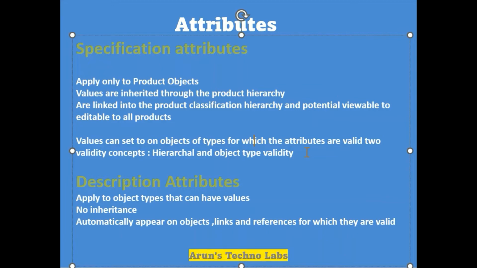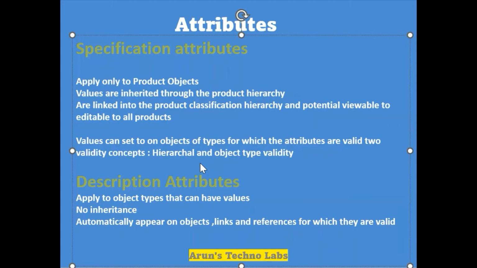Another advantage is that it supports inheritance. For specification attributes, the values can be inherited down the product hierarchy. That's an advantage. While creating a specification attribute, because it is applicable for product, you need to define the location, and generally you give the validity and link the product to the classification.